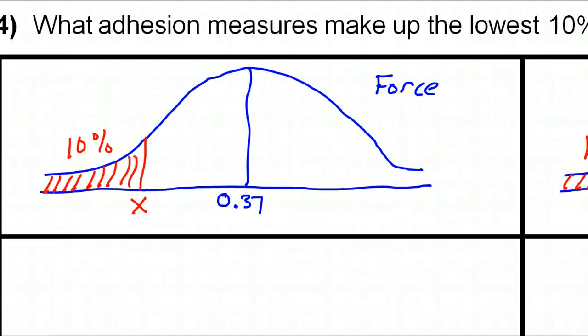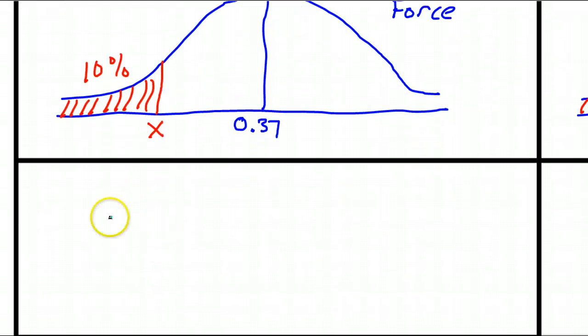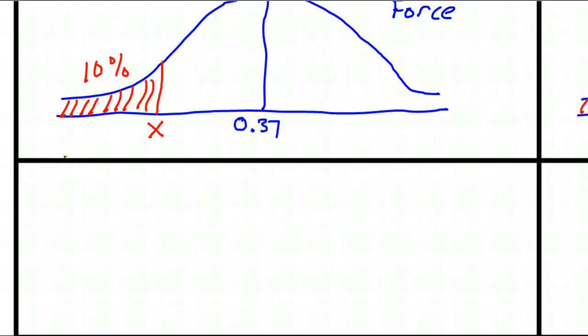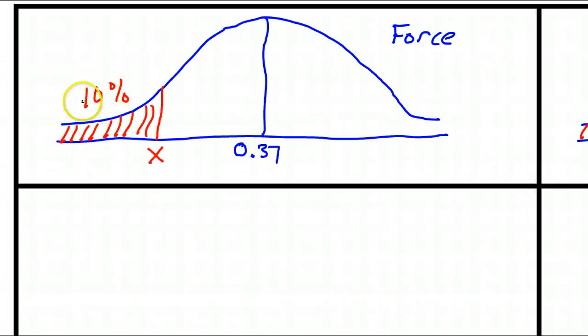And this is what we're actually going to try to find first. Here's how you do it. When they give you the percent, you're going to start off with that percent. You got to be careful. Sometimes we can use the percent that we're given, and sometimes we have to use the other percent. Like, this is 10%. That means over here is 90%. Do I use the 10% or do I use the 90%? I use the 10%.